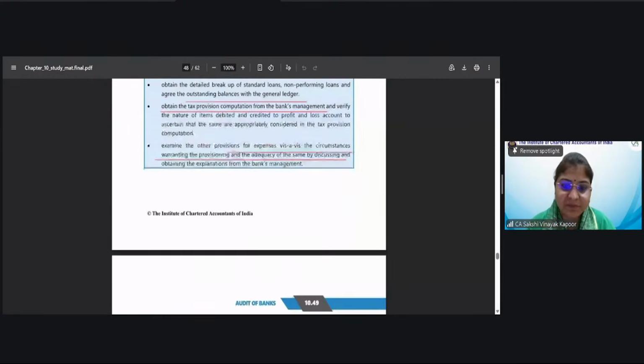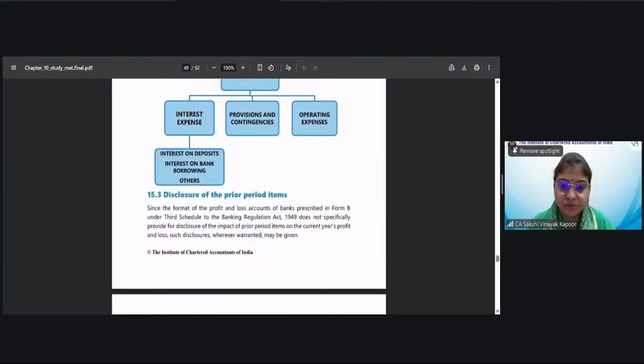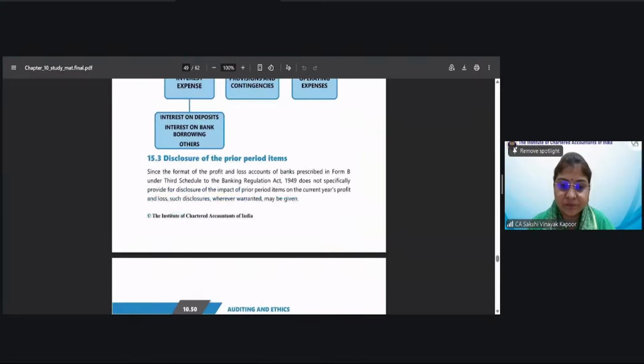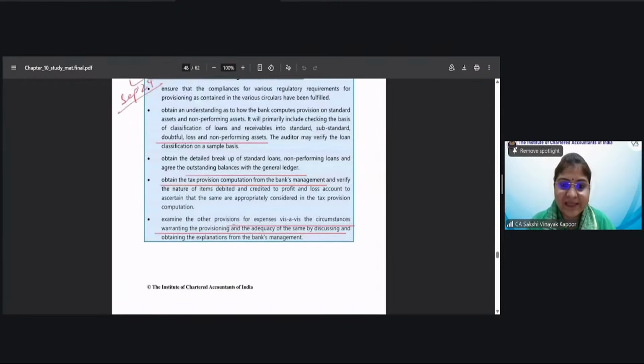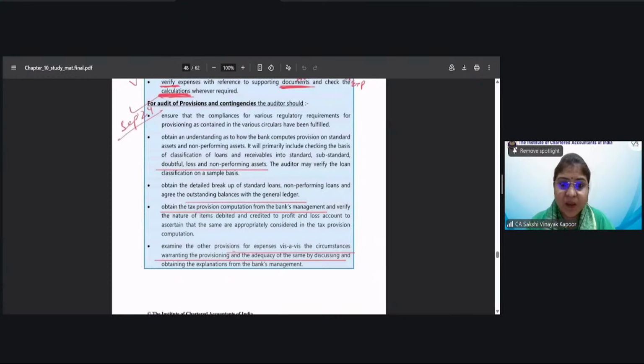Let's see what is mentioned here. It says audit for provisions and contingencies. As an auditor, you should ensure that compliance for various regulatory requirements for provisioning, as contained in the various circulars, have been fulfilled.